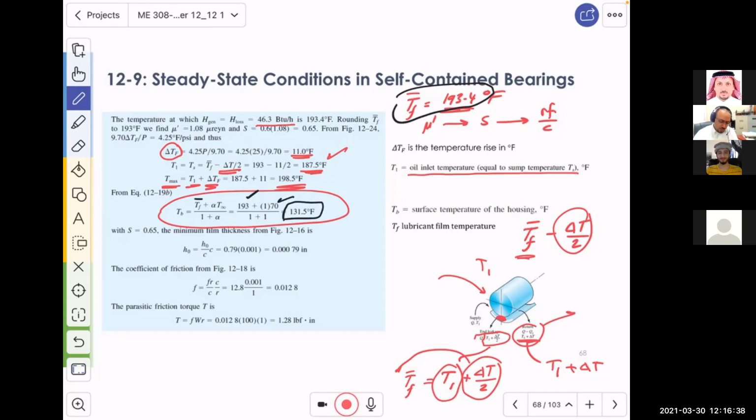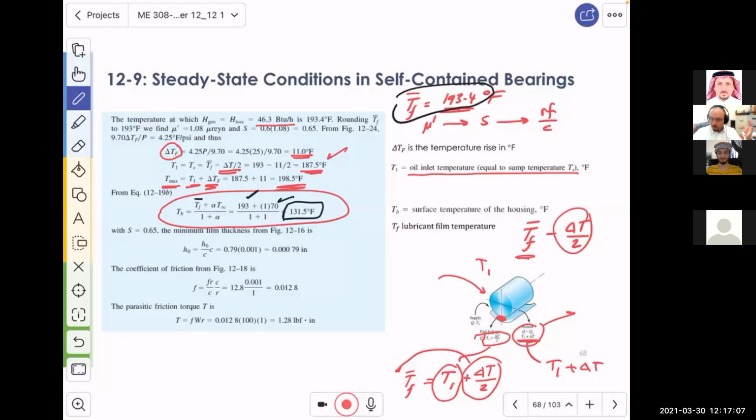If everything goes well, you can imagine that you bring a thermometer or a thermocouple, stick it on the surface of the bearing and measure the temperature, and you should expect it to be around that temperature. From a little tiny knowledge about a little tiny space there in the film.